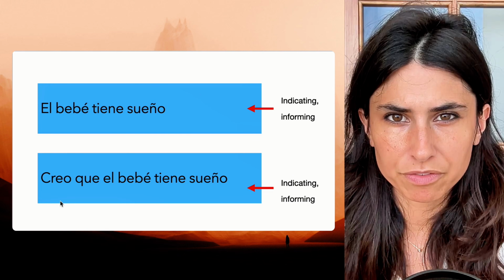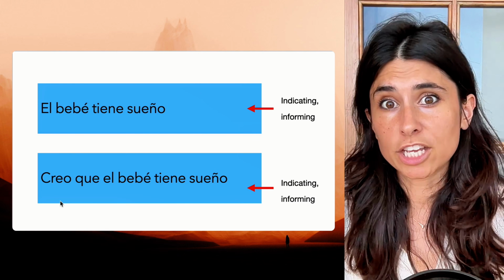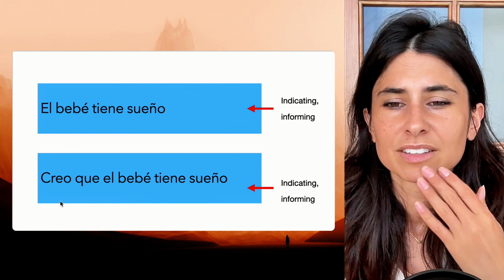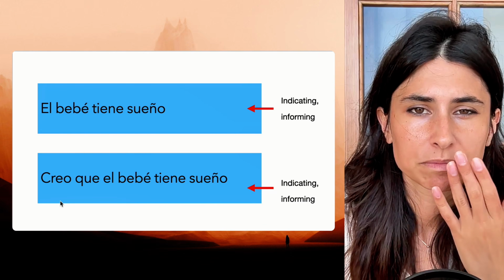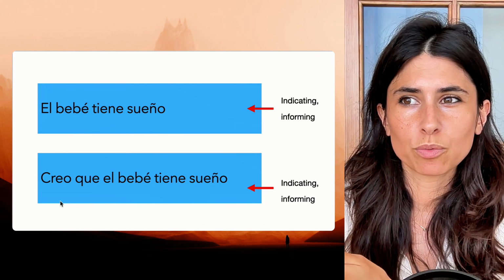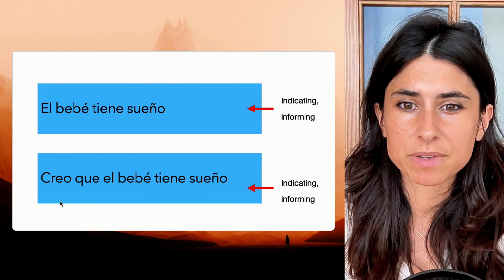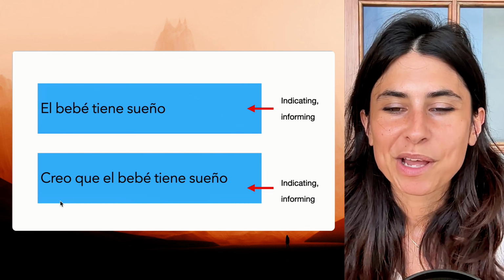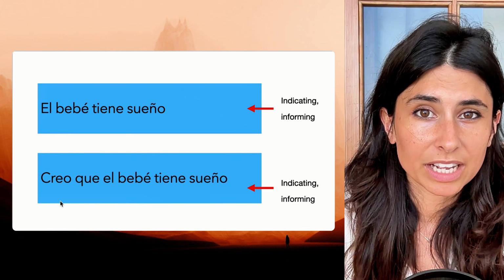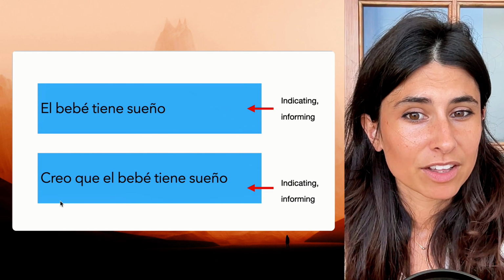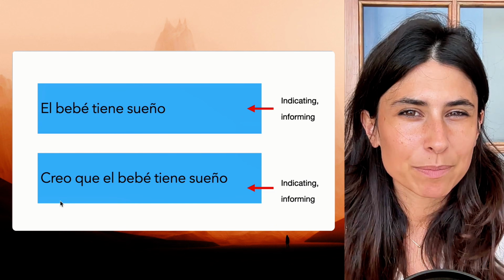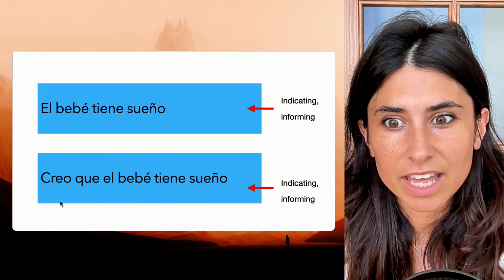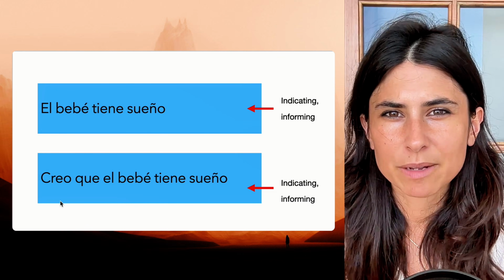This is what I believe. Okay? Imagine that you came halfway through and I said, el bebé tiene sueño. You will be thinking that I'm informing that the baby is sleepy. Basically, what I'm doing here is the same. I'm informing that the baby is sleepy because that's what I think so. So I'm saying it. Hey, the baby is sleepy. Hey, I think the baby is sleepy.